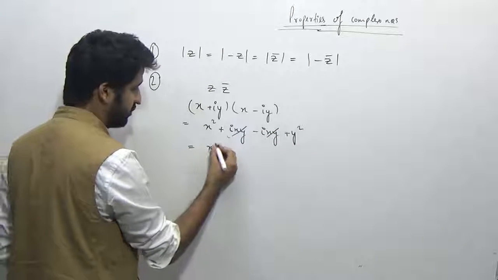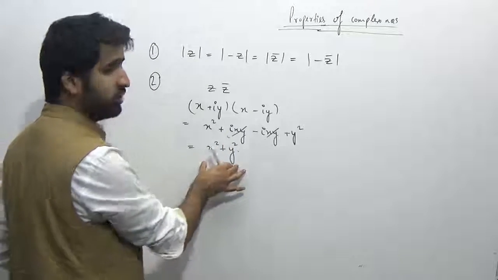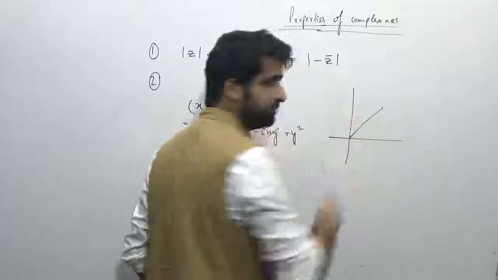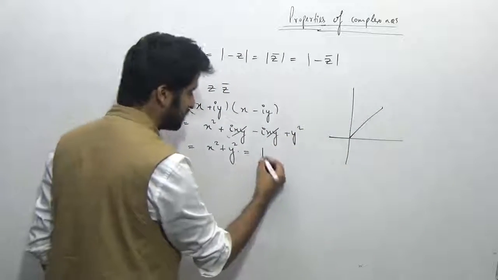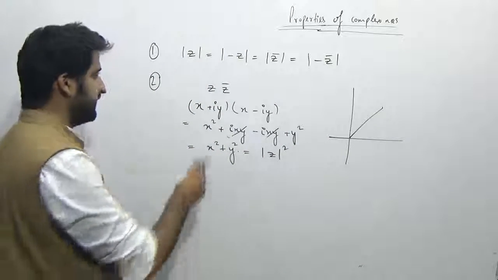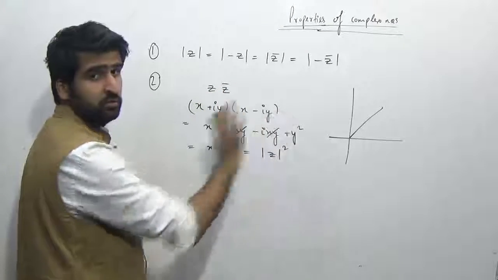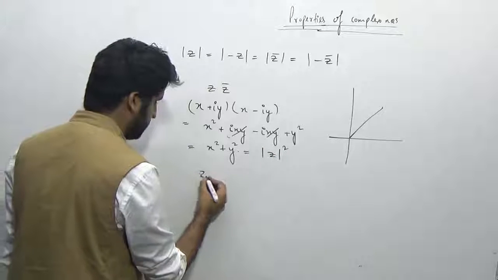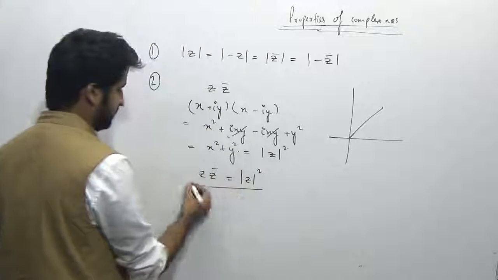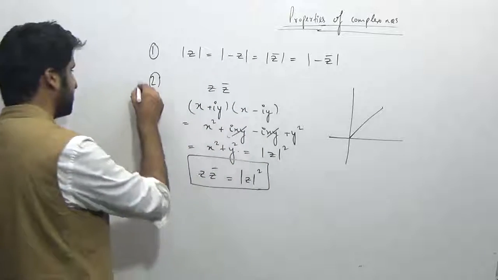So this value comes out to be x square plus y square. And this is nothing but the square of the distance of the complex number from the origin, which is the square of the modulus of the complex number. So we can say that if I multiply the complex number with its conjugate, we get the square of the modulus: z times z bar is mod z whole square. This is a very important property.